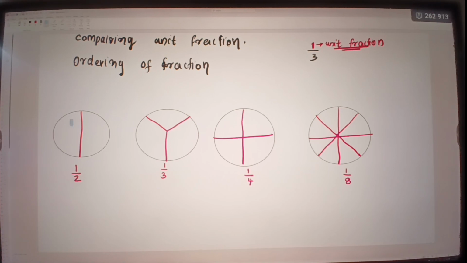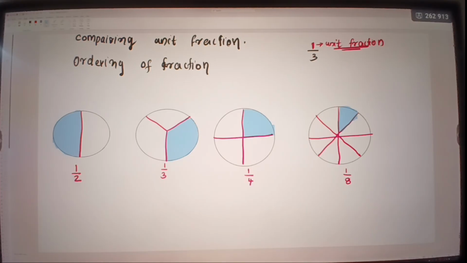Now look here: half means out of 2 parts, only one part is selected. 1/3 means out of 3 parts, only one part is selected. 1/4 or a quarter means out of 4 parts, only one part is selected. 1/8 means out of 8 parts, only one part is selected.